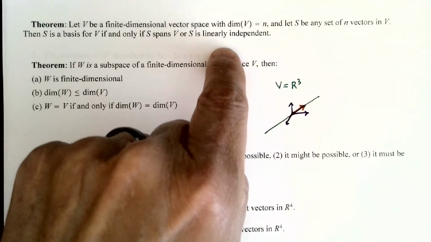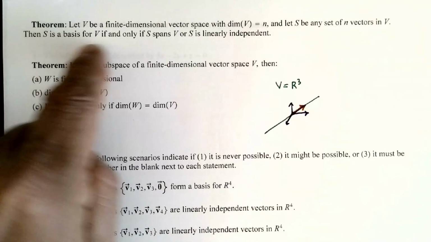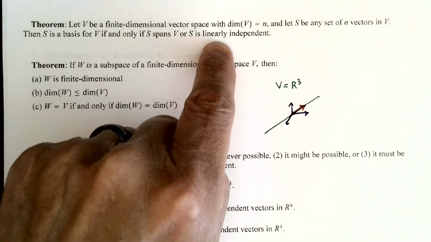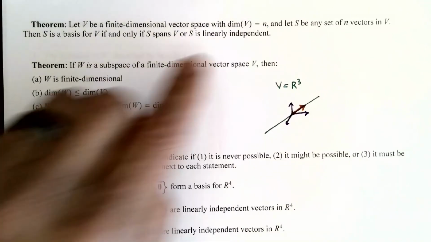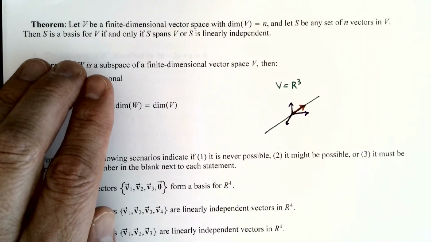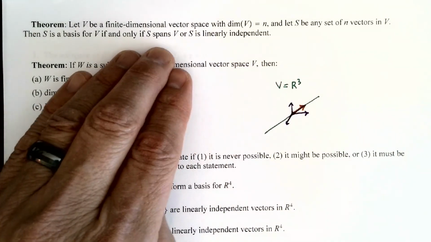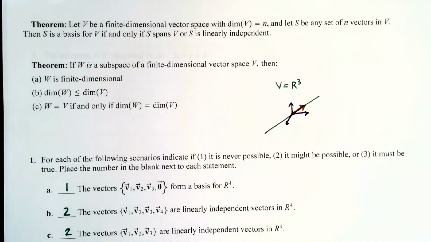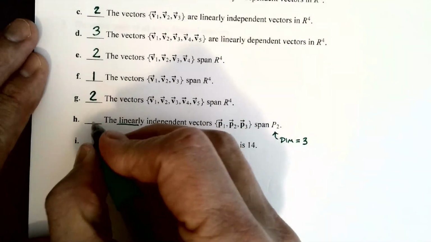And this is true. They're linearly independent. So they must be a basis. And therefore, since they're a basis, both of these things are true. Essentially this theorem is saying, if we know the dimension and we have that many vectors in the set, and we know one of these 2 things is true, then the other thing is also true, and they form a basis. So the bottom line is, this must be true.